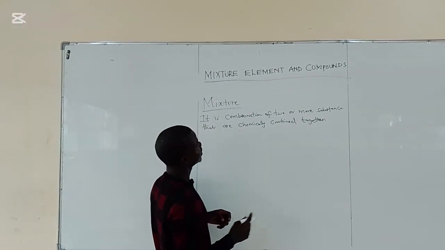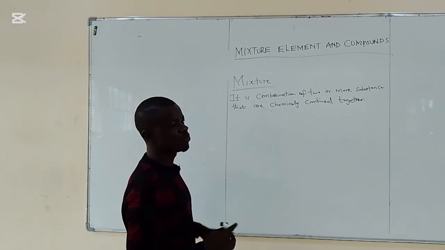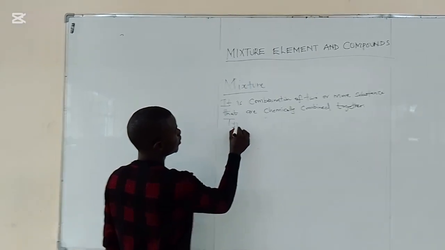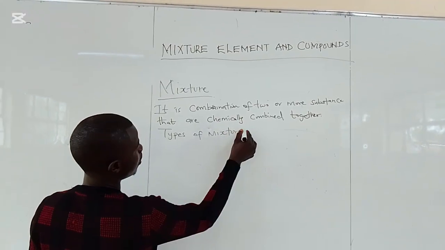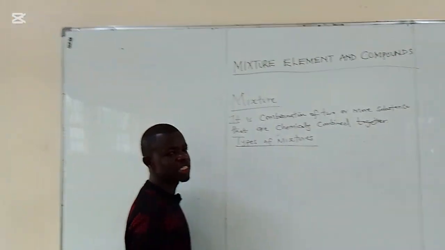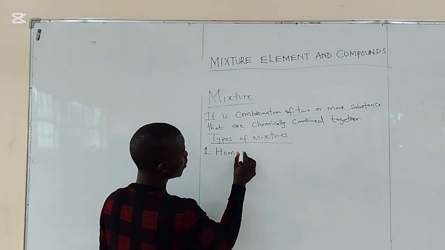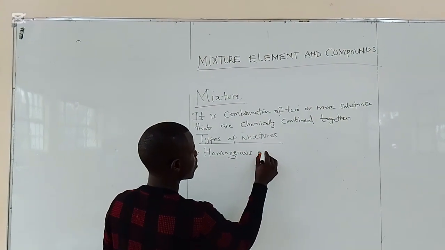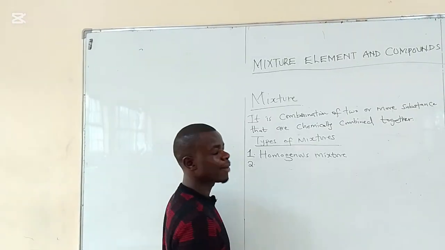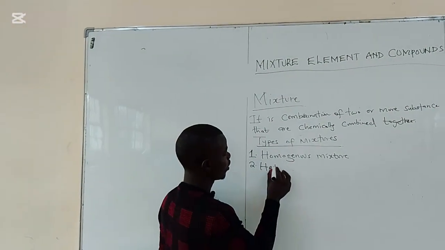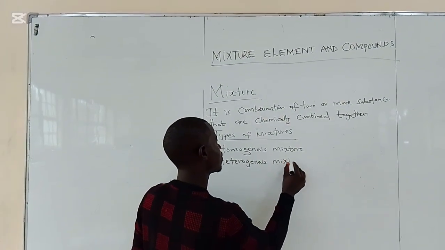Now, after that, specifically when I am still talking about this mixture, we're going to talk about types of mixtures. Number one type of mixture we are having is homogeneous mixture. Two, we are going to talk about heterogeneous mixture.